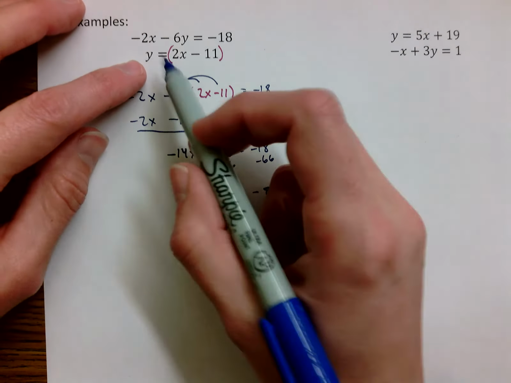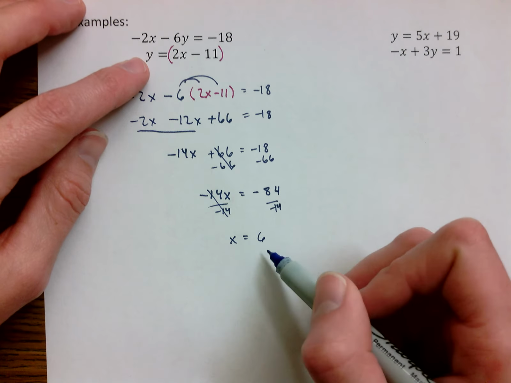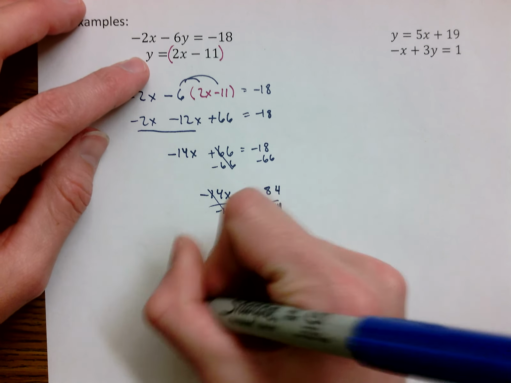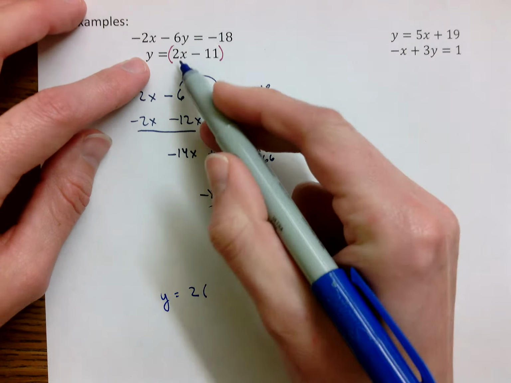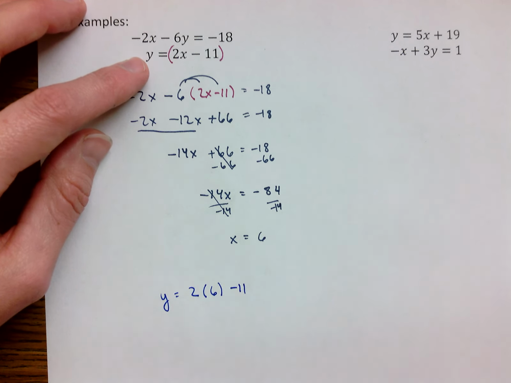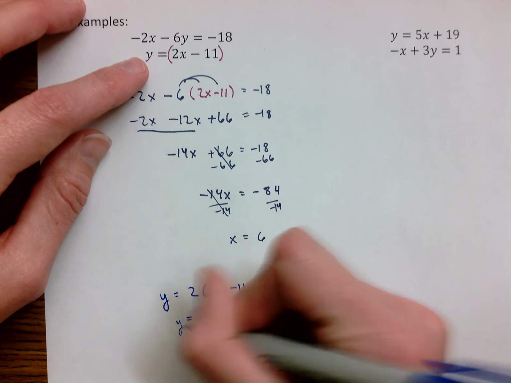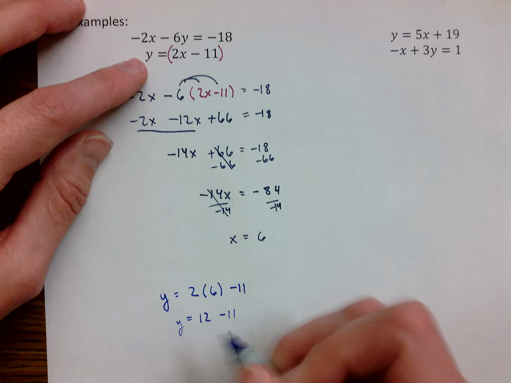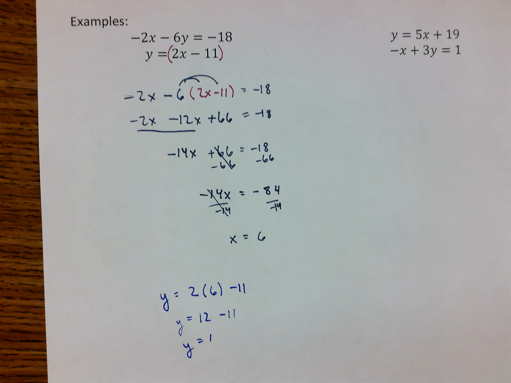So I'm going to go to this y equals 2x minus 11 equation, and replace the x with a 6. So it's y equals 2 times 6 minus 11. So 2 times 6 is 12, and then 12 minus 11 is 1. So y equals 1.